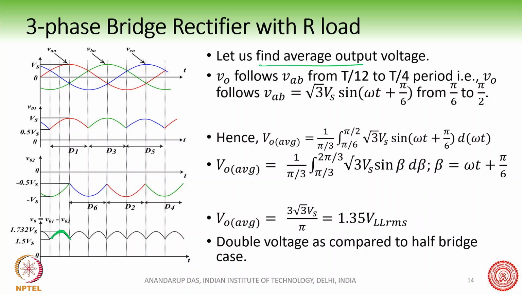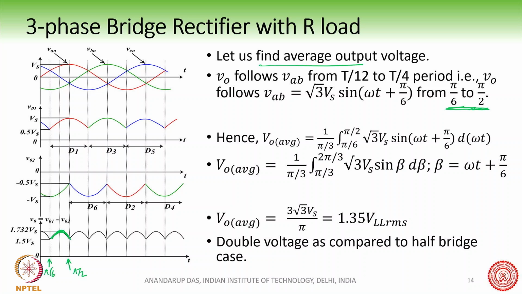There are 6 identical lobes, so it is good enough to integrate from pi by 6 to pi by 2. This point here is pi by 6, and this point here is pi by 2.